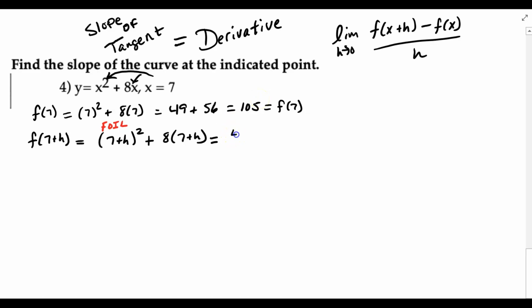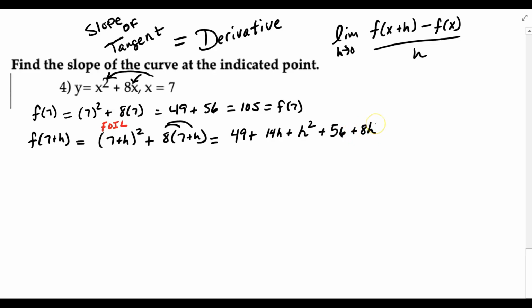It is a squared, which is 49, plus 2ab, which is 2 times 7 times h, which is 14h, plus h squared. Plus, now we're going to do the distribution here. 8 times 7 is 56, and 8 times h is 8h. So we have that right there.